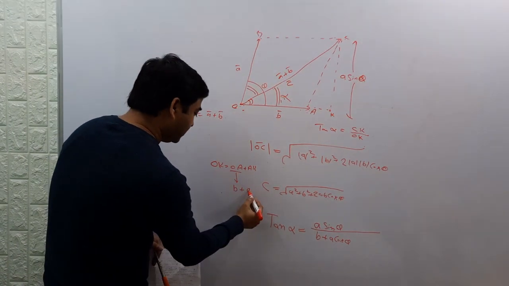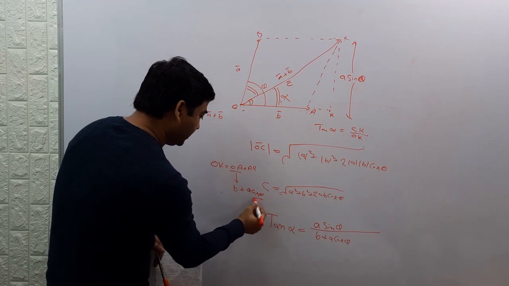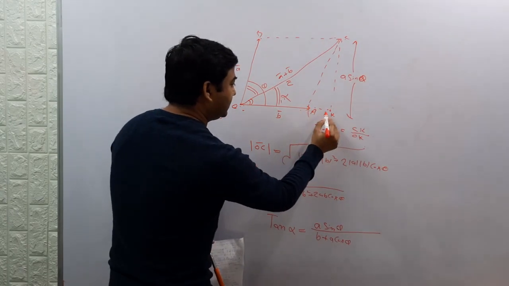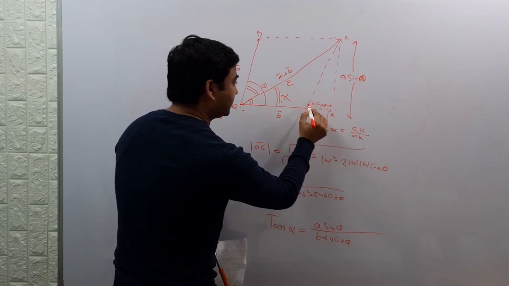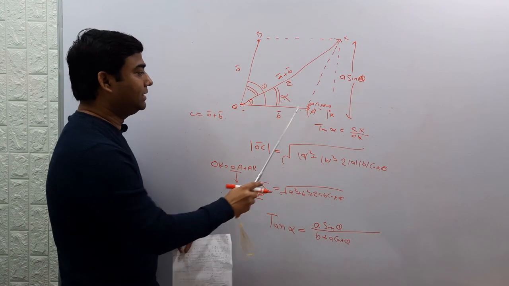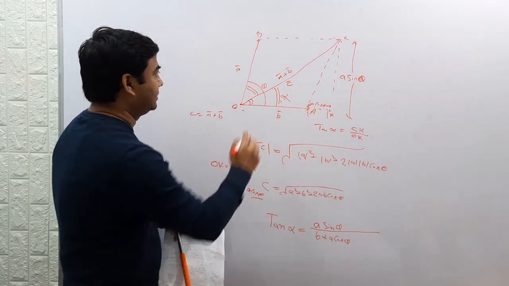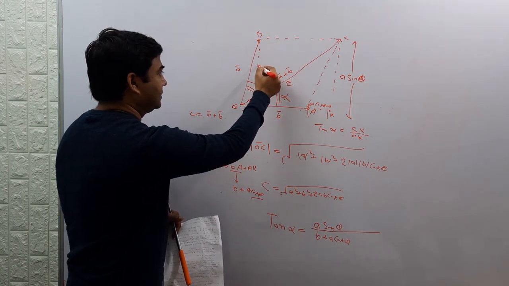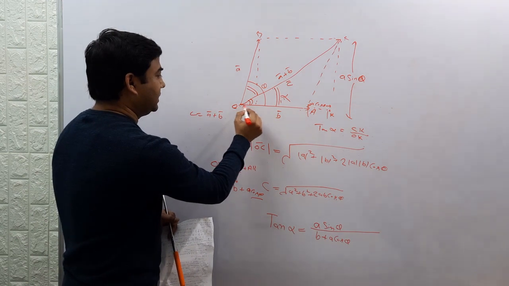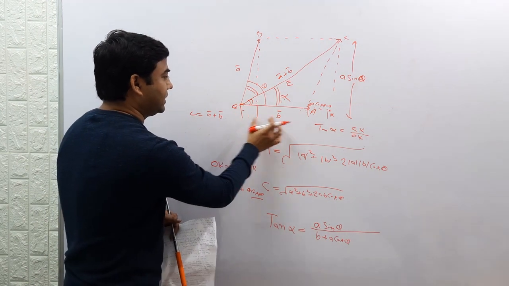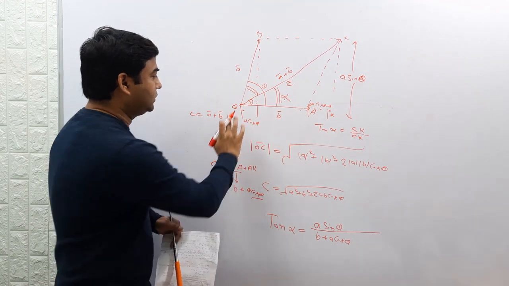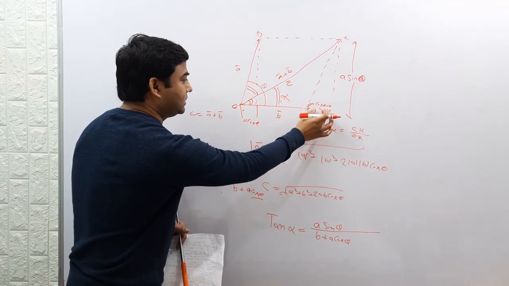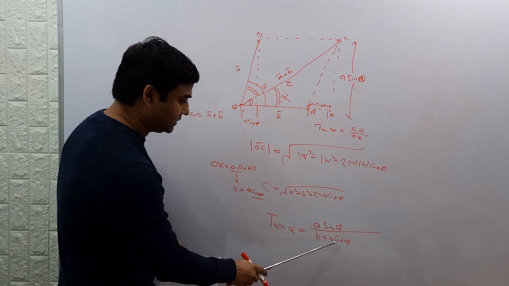It is A cos theta. This length AK and this length are the same, A cos theta. So this full length is B plus A cos theta.